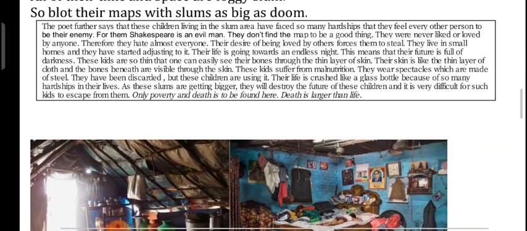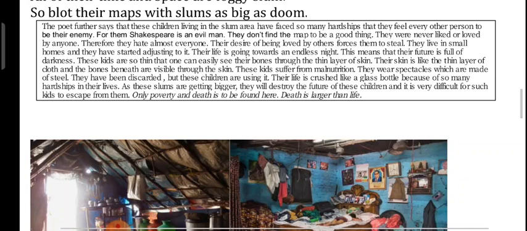These kids suffer from malnutrition. They wear spectacles which are made of steel. They have been discarded, but these children are using them. Their life is crushed like a glass bottle because of so many hardships in their lives.